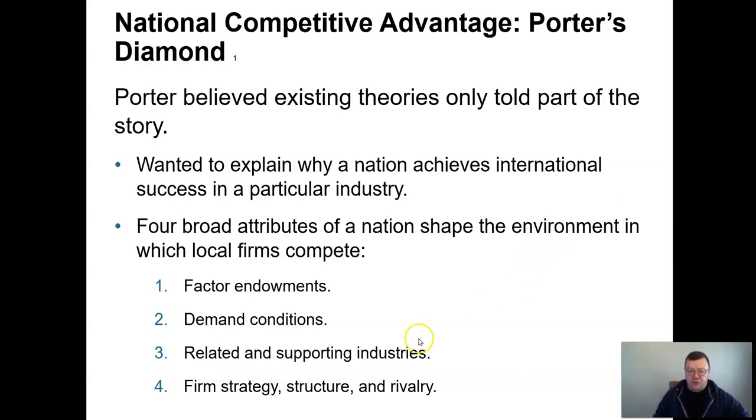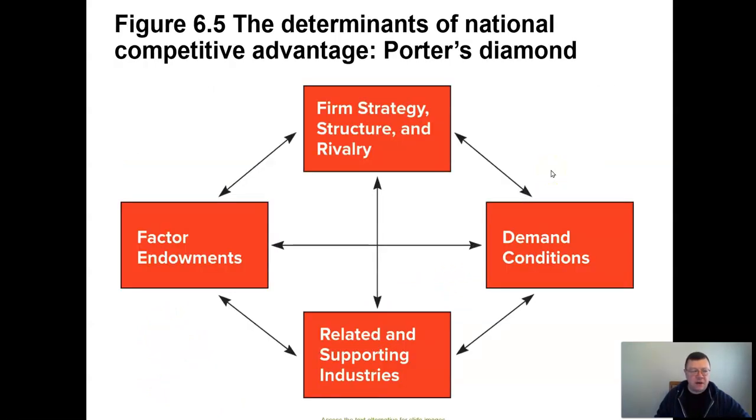These attributes are the factor endowments, that is, the land, labor, and capital. So he's not dismissing the Heckscher-Ohlin theory. He's saying factor endowments are important, but there are other things that are important too, like the demand conditions, the related and supporting industries, and the firm's strategy and structure and rivalry. And so these 4 attributes make up his model.